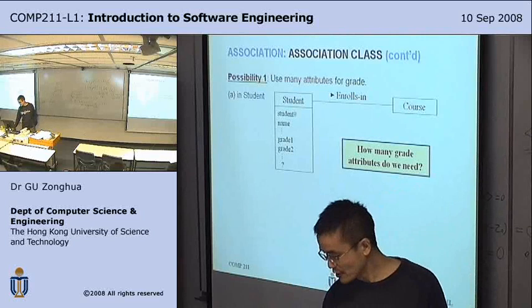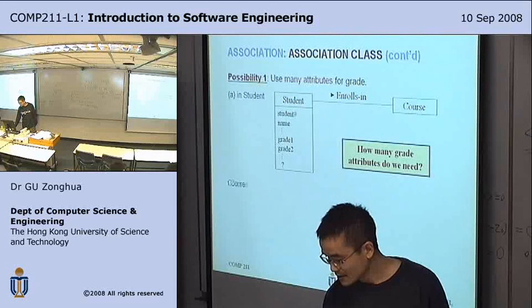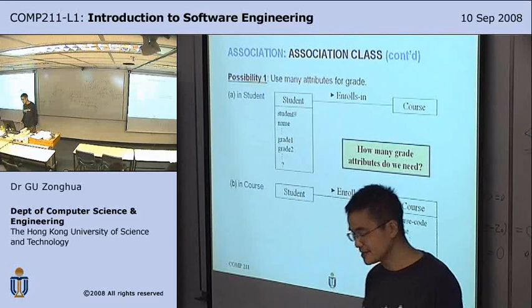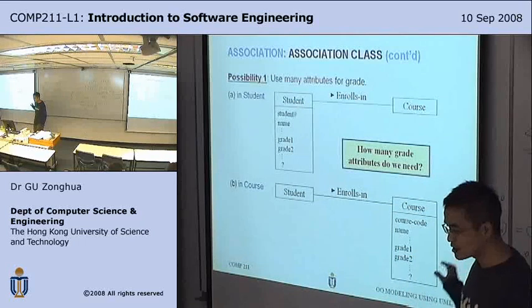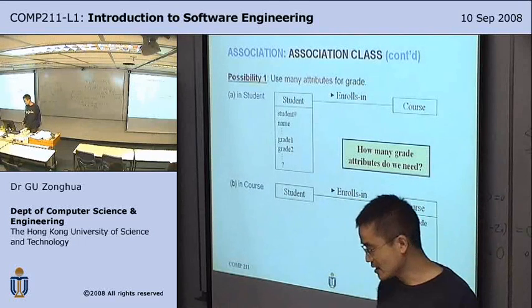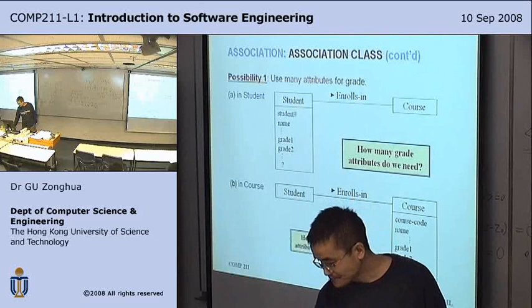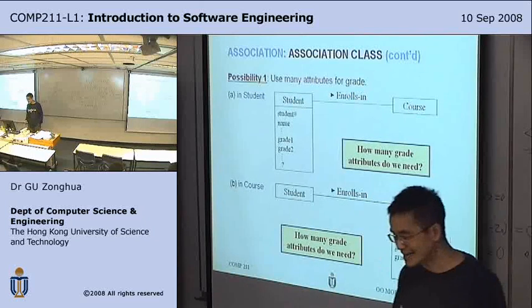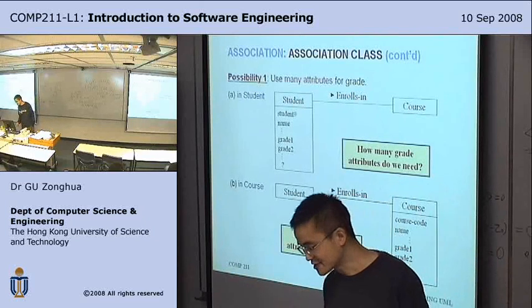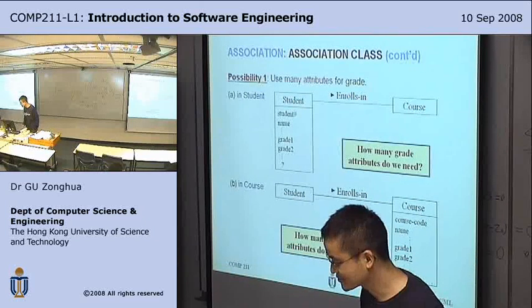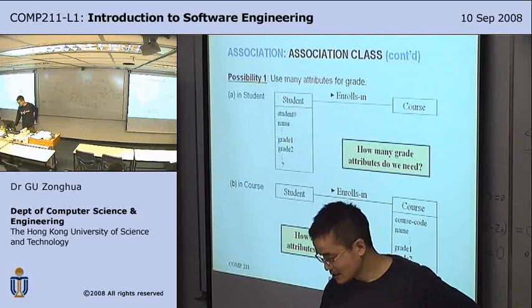So how many attributes do you want to put in there? Or you can put it into the course where each course has a collection of grades, one for each student. Then how many grade attributes do you need? Every semester you have a different number of students taking a course.